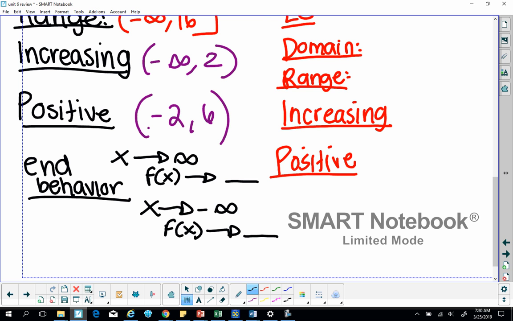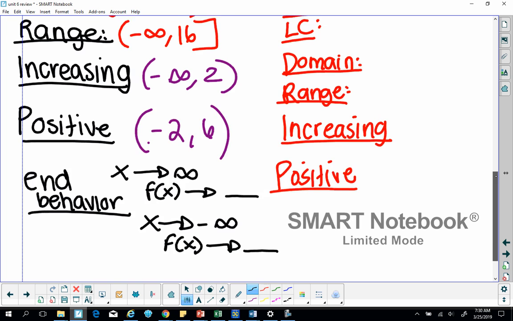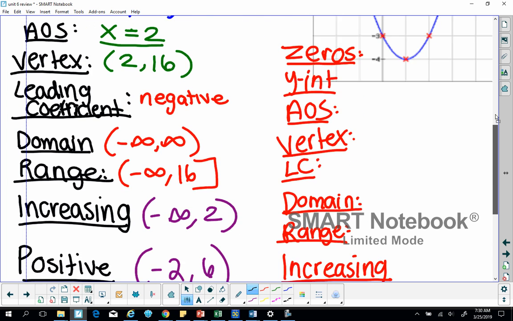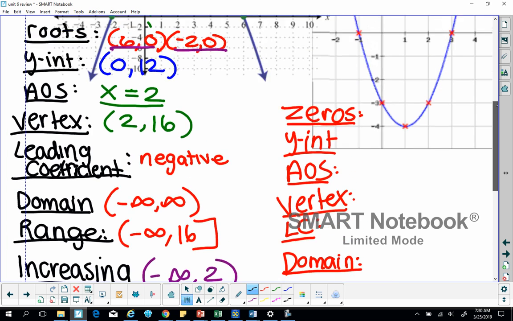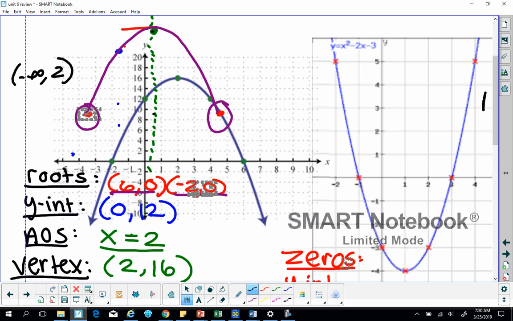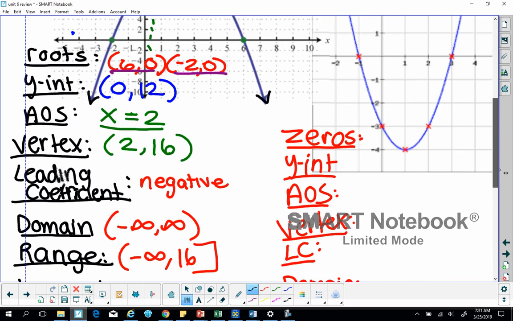And so when we look at it, we go, okay, as x gets larger, what's always happening with the y's? So what's happening with the y's here? As these x's get larger, are they going up or down? Down. What about when the x's go towards negative infinity? They're also going down, right? So in quadratics, the end behavior is always going to be the same.